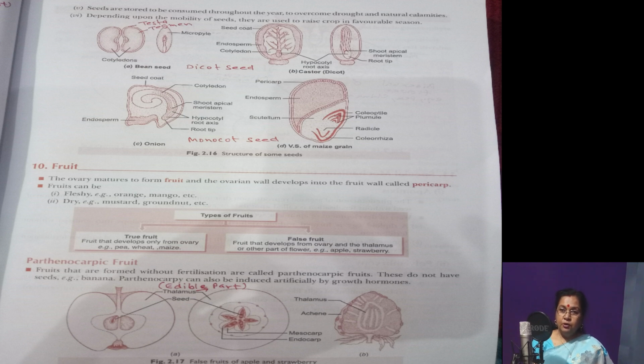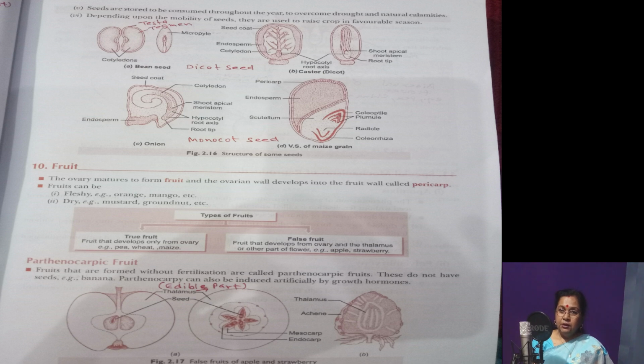So there are two kinds of fruits. First type of fruits is called true fruits. These fruits are developed only from the ovary. For example, pea, wheat, maize, gram are true fruits.